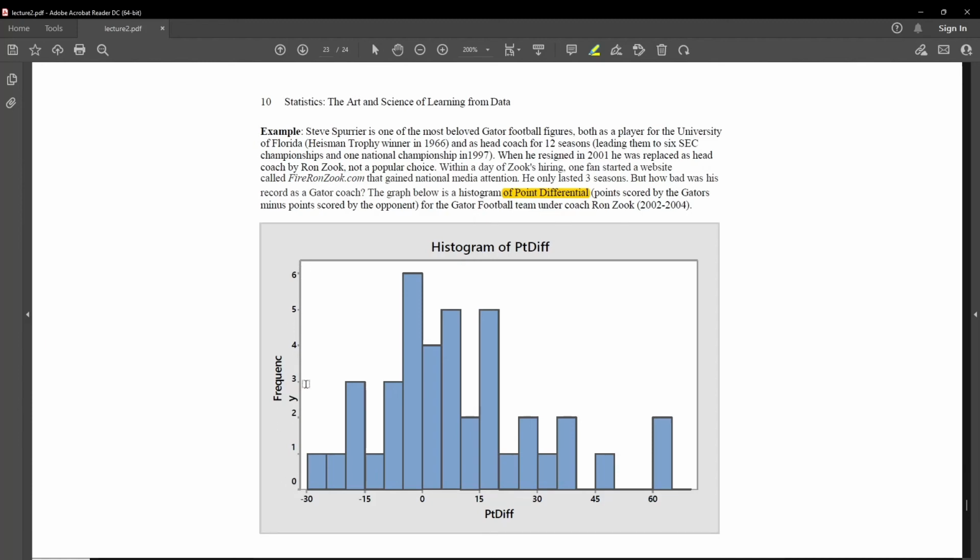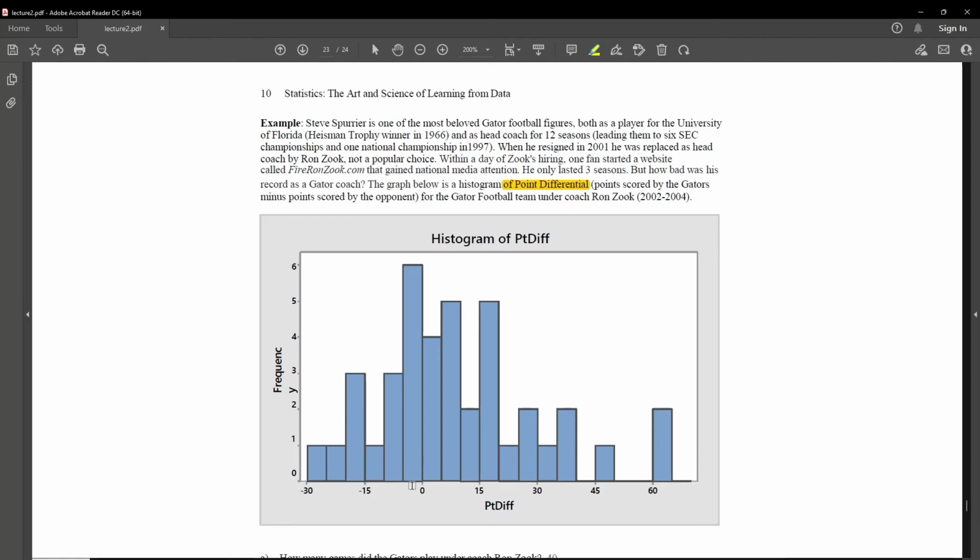And the y-axis, the vertical axis, shows the number of occurrences of the event that happened. So, for example, if we're interested in finding out how many games the Gators lost, we just have to add these piles, the bins, up to this point.